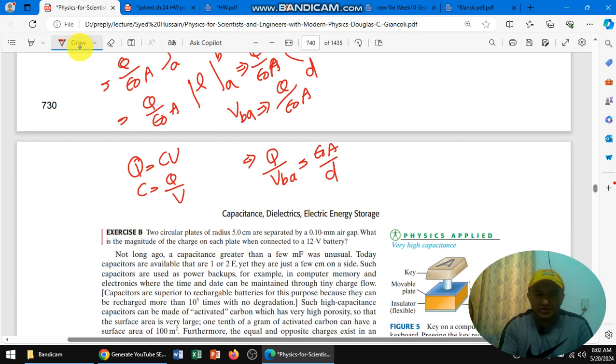So Q over V is the capacitance C, epsilon naught A over d. This is the formula that we need: capacitance C is equal to epsilon naught A over d. Okay, thank you.